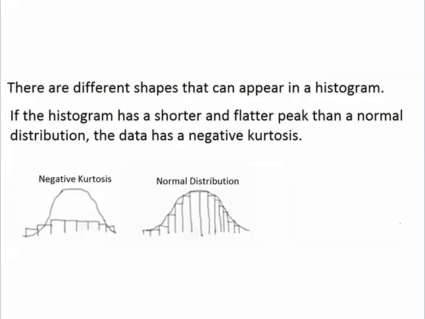A data set that's shorter and flatter than a normal distribution is called a negative kurtosis. So a data set like this that has a shorter and wider peak than the normal distribution has is called a negative kurtosis. Negative kurtosis is flattened out more like a pancake.